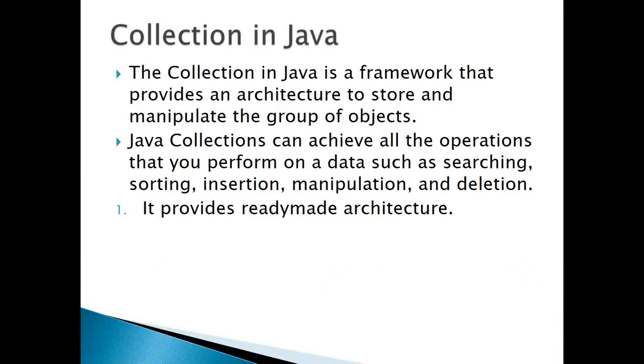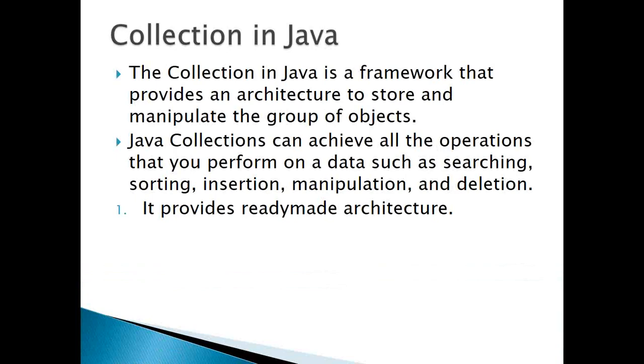Okay. So in the last class, I was talking about arrays. The major drawback with arrays is that we can store only similar types of data. For example, we can store only integers because arrays are a homogeneous data type. Another limitation is the size.